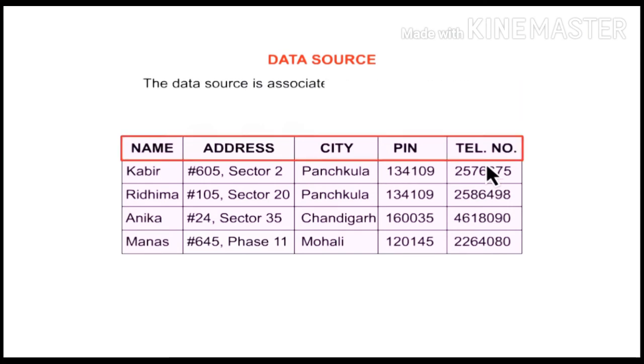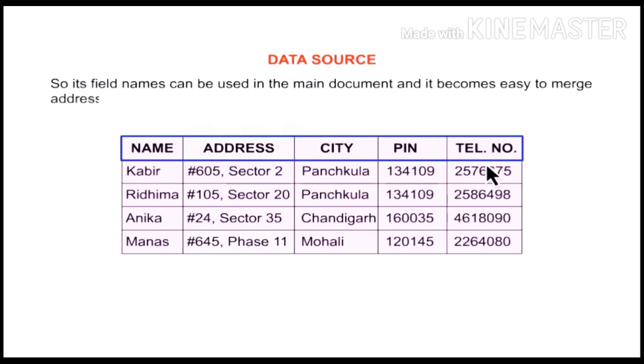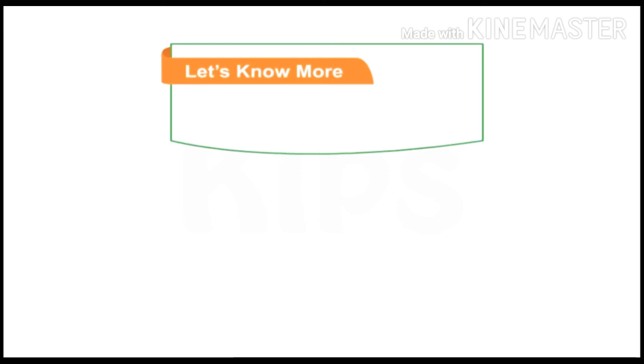The data source is associated with the main document, so its field names can be used in the main document, and it becomes easy to merge addresses along with the main document. Let's know more.